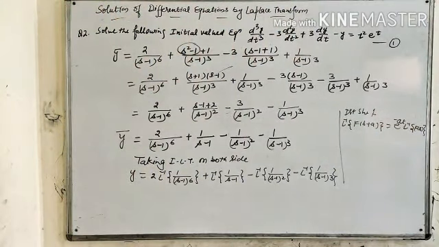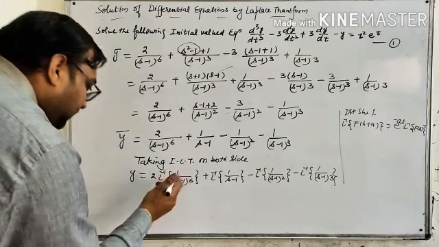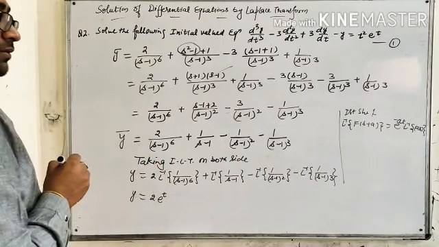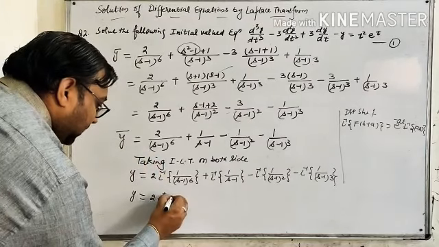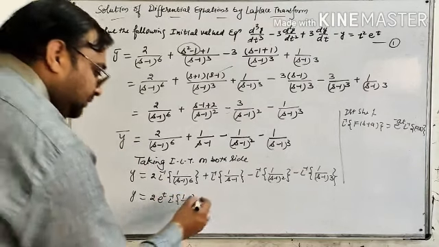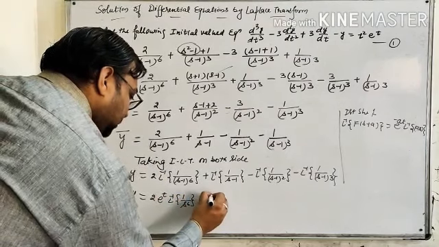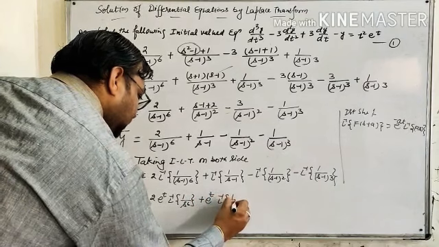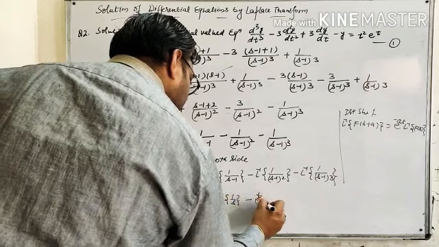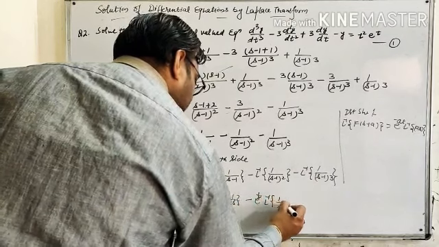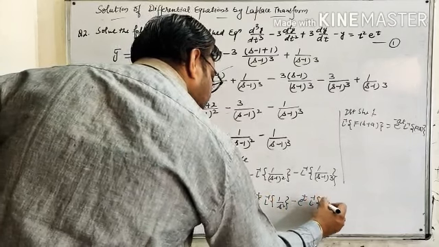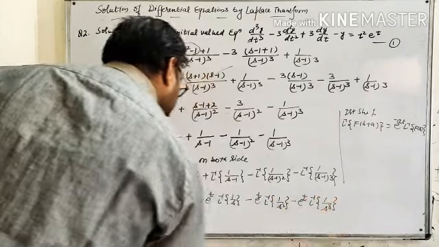So from here a is 1, so we can write it as e raised to power t inverse Laplace of 1 upon s raised to power 6 plus e raised to power t inverse Laplace of 1 upon s minus e raised to power t inverse Laplace of 1 upon s square minus e raised to power t inverse Laplace of 1 upon s cube.